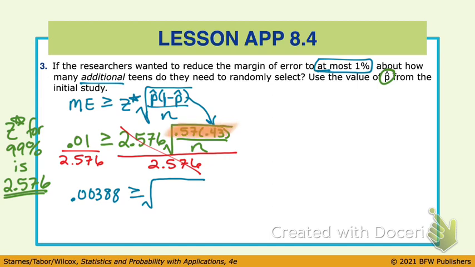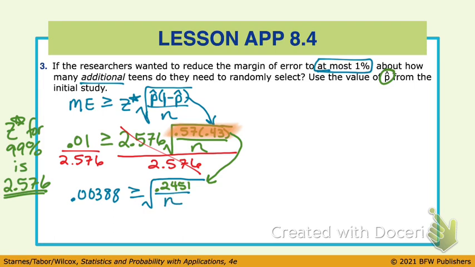I'm going to go ahead and multiply those two numbers together. So when I multiply those two numbers together, 0.57 times 0.43, I get 0.2451. Okay, so I'm kind of combining a couple of steps here, and that's what we get.